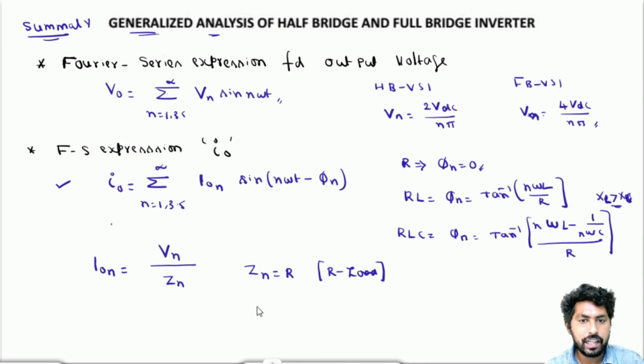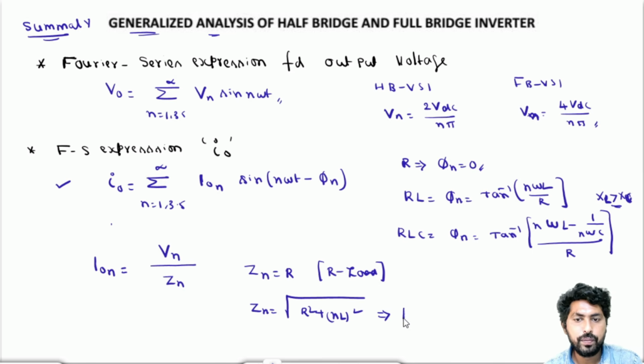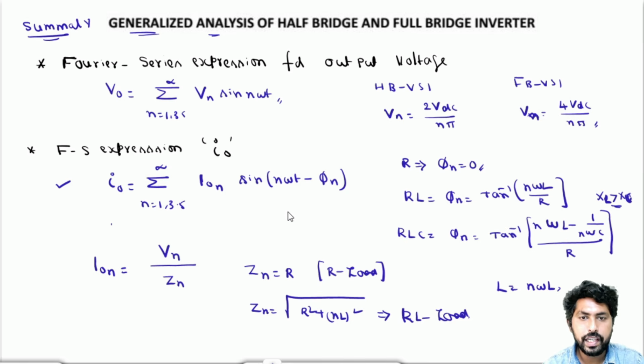So Zn equals the square root of R square plus (n omega L) square for the inductive load. So that is for RL load. For the pure L load, it would be n omega L, and here for L load, phi n equals 90 degrees.